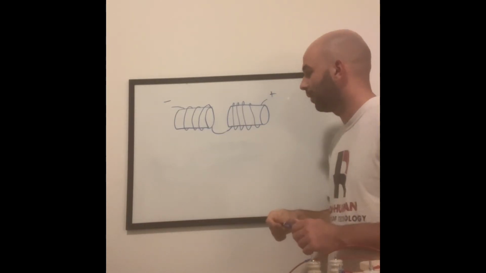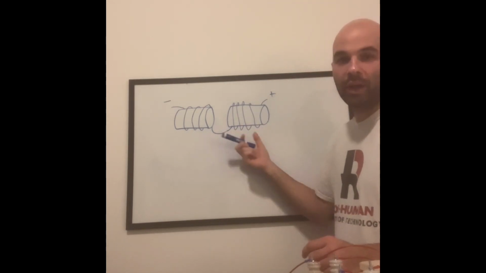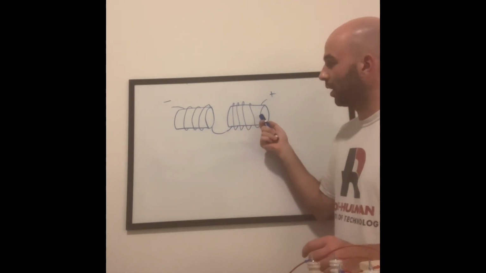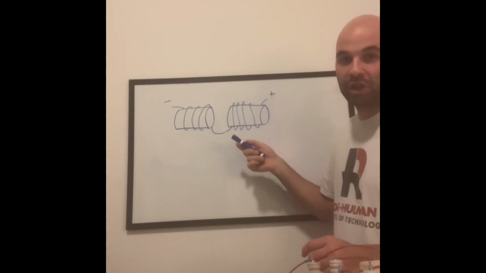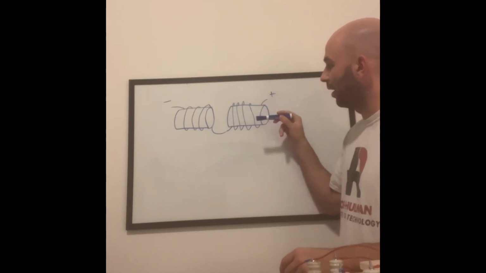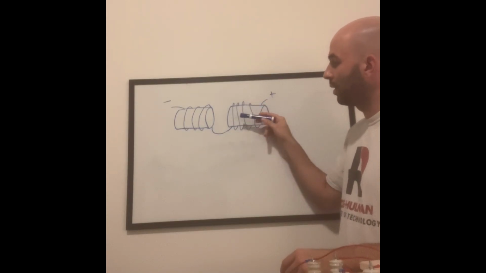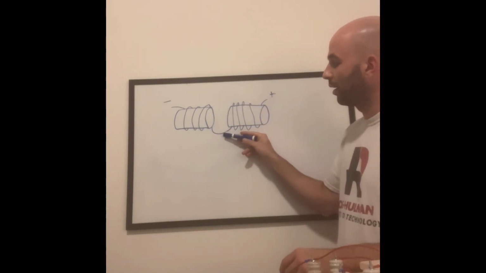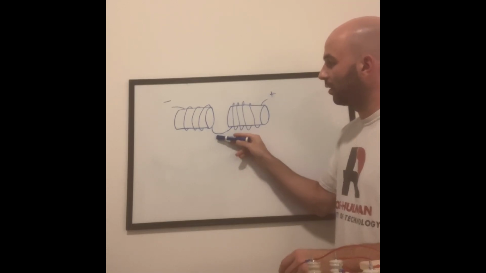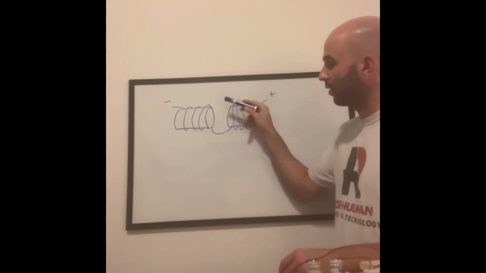In addition to splitting the coil into two parts, the direction of the windings has also changed. Looking at it from this side, I have the windings going clockwise, and then as we connect in series to the next adjacent coil, the direction of the windings actually switches.